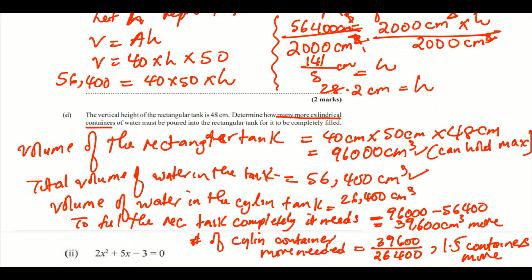Remember, we use the cylindrical tank to fill the rectangular tank, and the cylindrical tank can hold a maximum capacity of water of 26,400. So we want to know how many more of that tank of water is needed, the cylindrical tank I'm speaking of, to fill the rectangular tank.